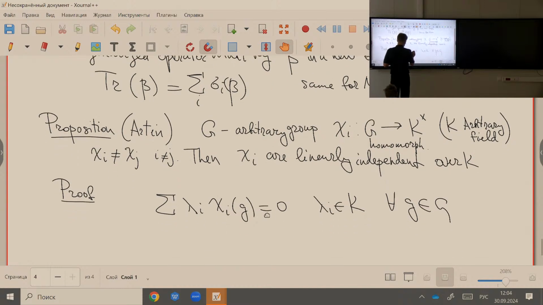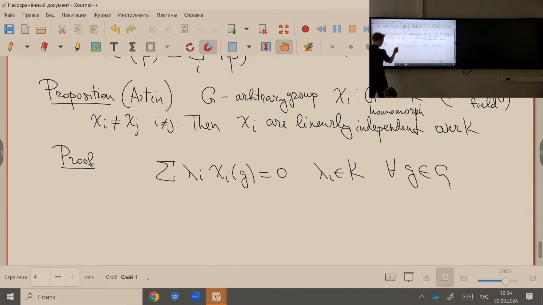Suppose not, and you have this linear combination.